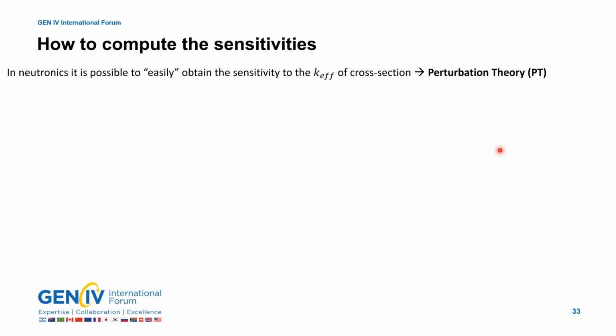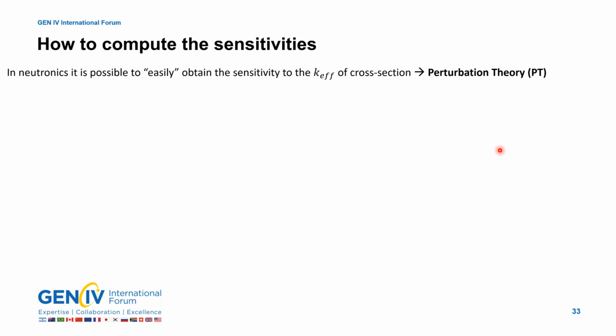And then, how to compute the sensitivities? As a first approach in neutronics, it's possible to easily obtain the sensitivity of the multiplication factor to the cross-sections with perturbation theory. When I say easily, it's because with one calculation, we can obtain all the sensitivities directly.